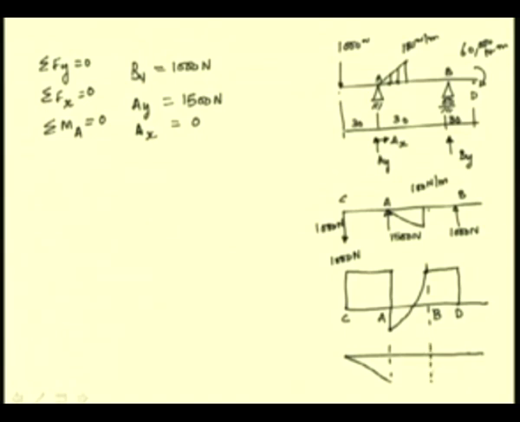So, let us consider the portion BD. At D we have a negative moment, and the area under the curve constantly increases, and between this portion AB it has to be one order higher.